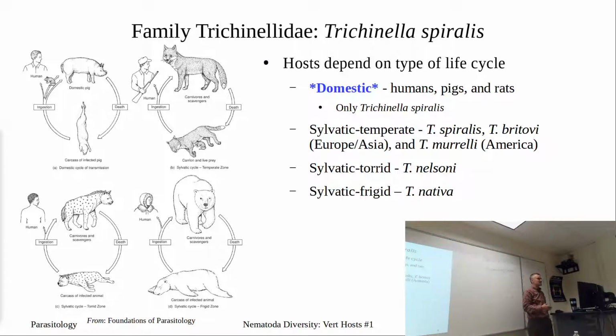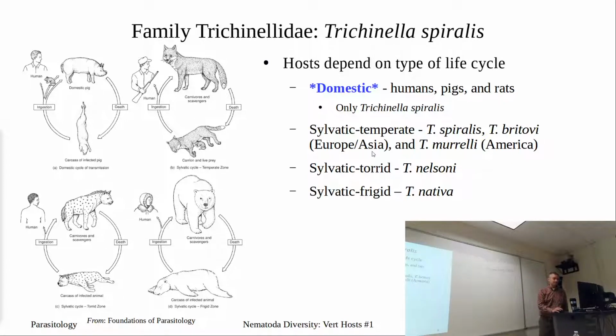And when they die, a scavenger can come around, pick up the nurse cell, and keep our life cycle going. Trichinella britovi is basically Europe and Asia. Trichinella murrelli is here in America, so if you find them here, you're probably going to find murrelli.